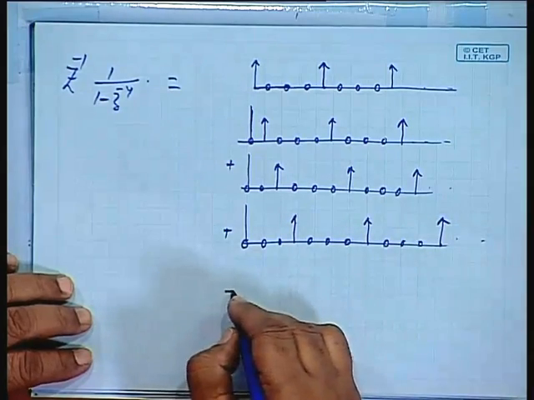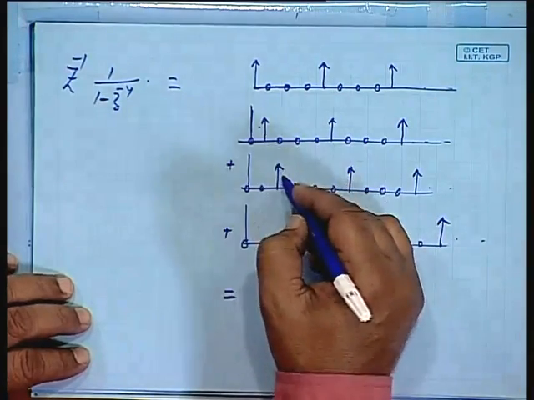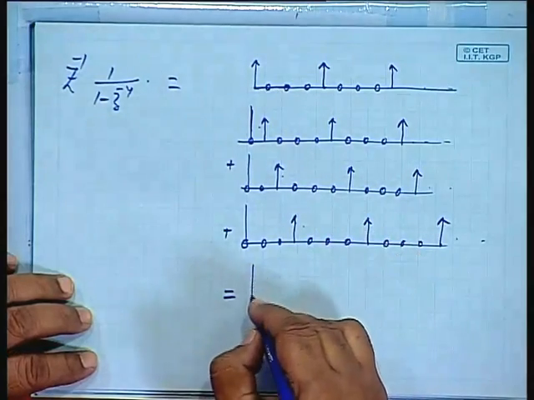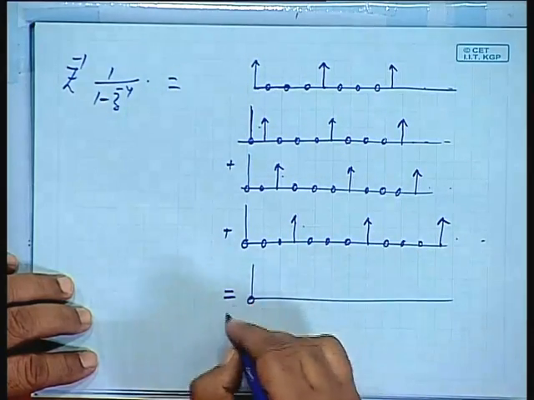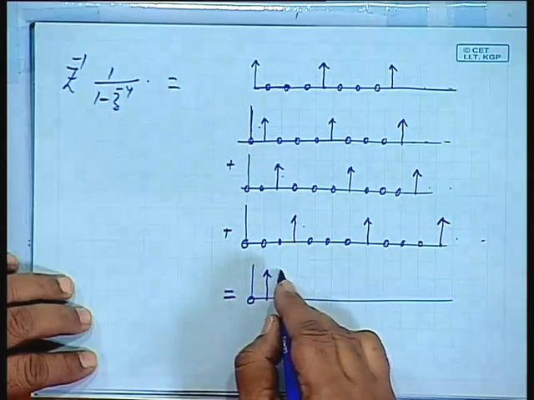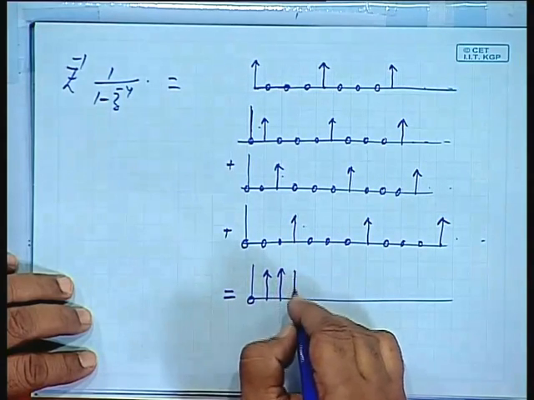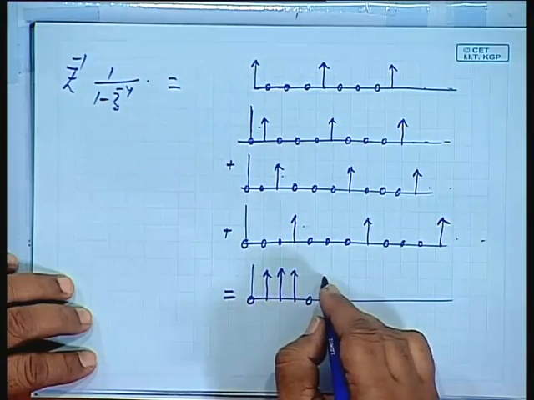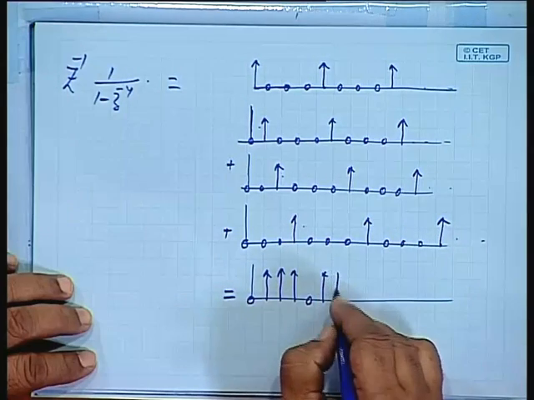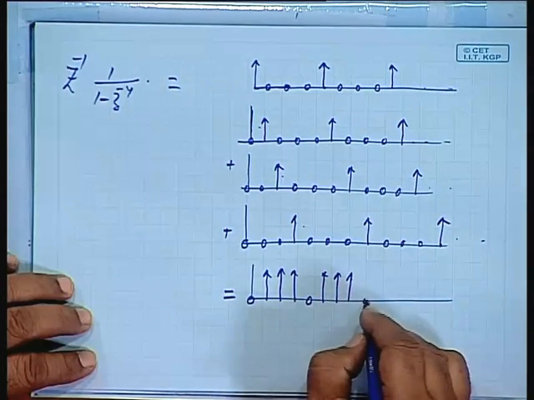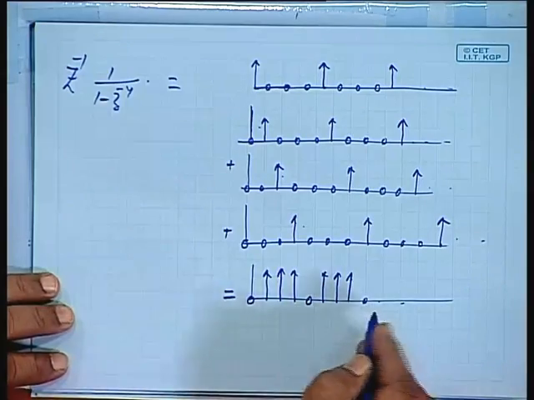So, that finally gives me this plus this gives me 0, then 1 1 1, then again 0 1 1 1, again 0 and so on. So, this is the sequence.